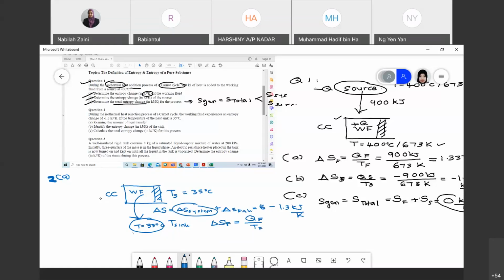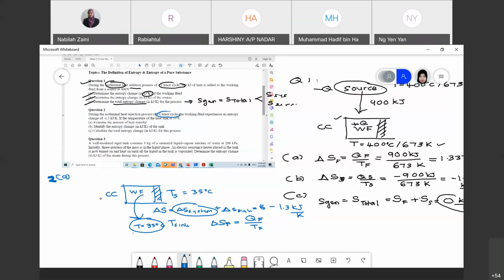You can choose either the system or the sink. It depends on the information given. From here, it says Carnot cycle, so you may focus on the Carnot cycle or the working fluid.